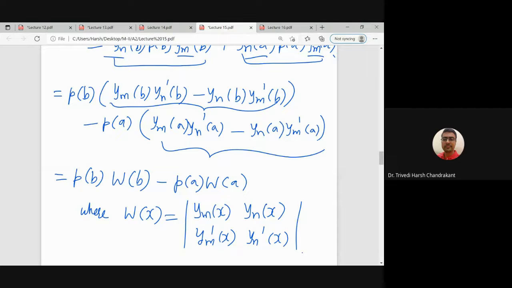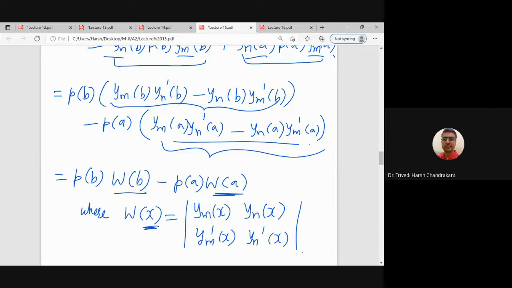So whenever we substitute x equals b, that is W(b), it is exactly this term, right? This bracket. And whenever we substitute x equals a, it is exactly this term, the Wronskian at a. And what are ym and yn? Ym and yn are the non-zero solutions of the Sturm-Liouville problem, corresponding to the numbers lambda m and lambda n.